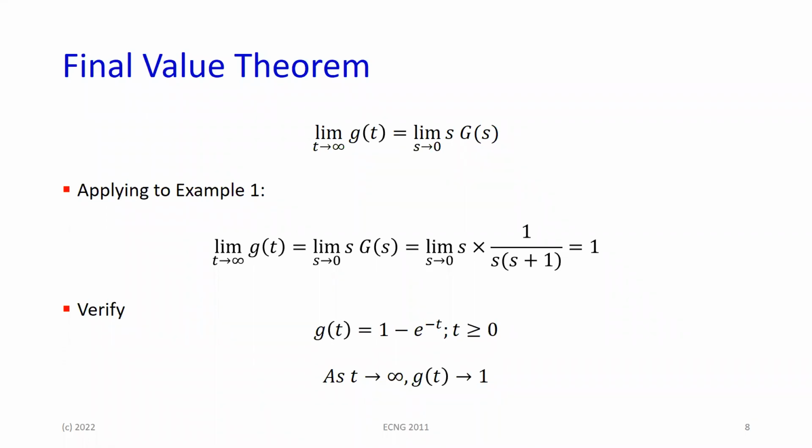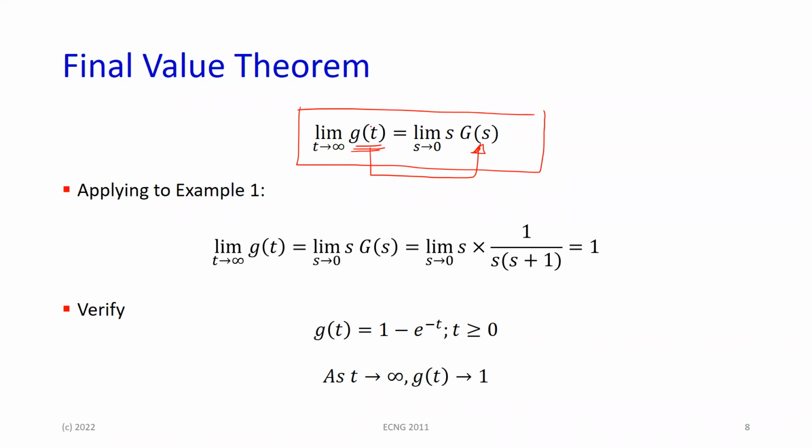It is a property of the Laplace transform, and the statement of it is simply here, that if I have a function g(t), first off, the function g(t) must have a Laplace transform G(s). Okay, so you're making an assumption here.